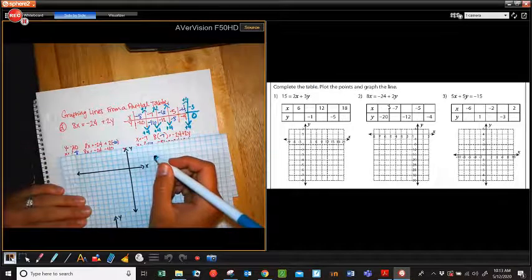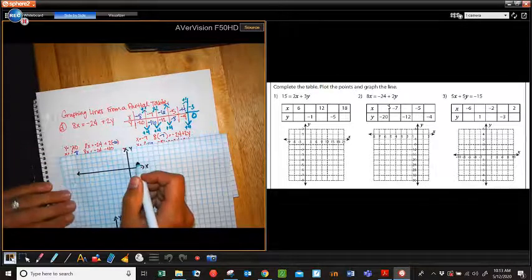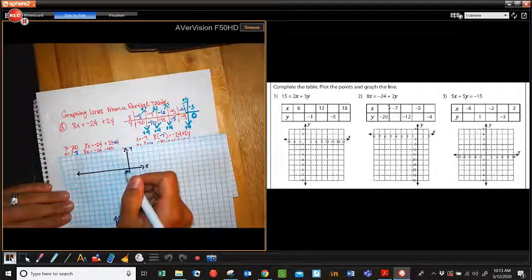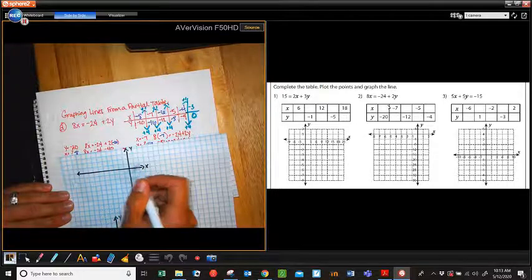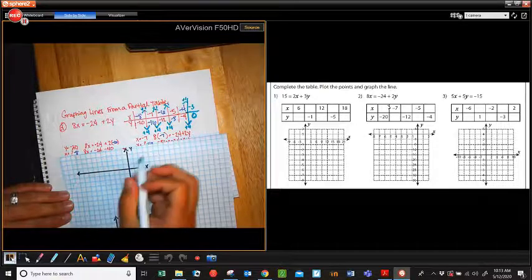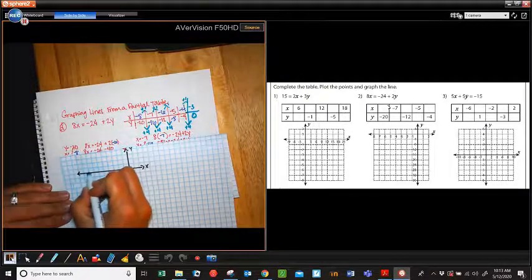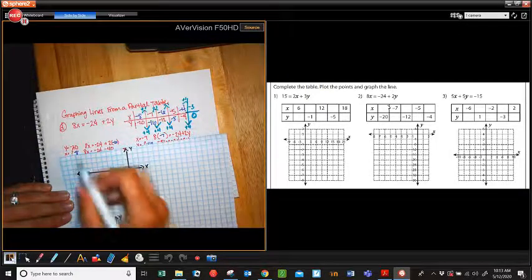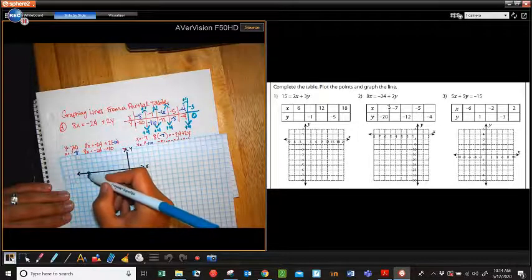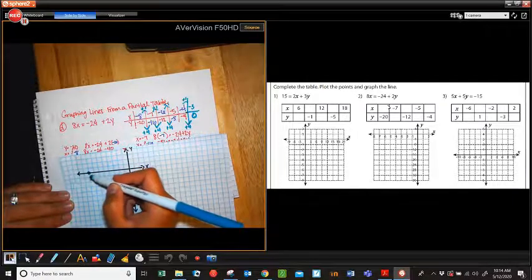My first point is -8, -20. So on the x-axis, my apologies, I'm going to go to the left, 8 values, and remember my scale is 1, so each line is 1. So -1, -2, -3, -4, -5, -6, -7, -8. Oh, shoot. Don't blot your point there. I got excited.